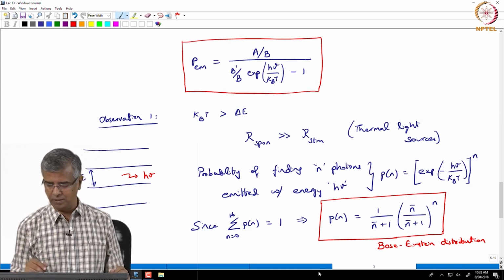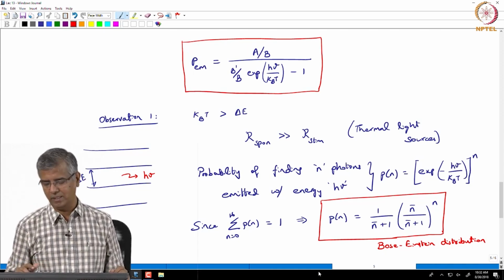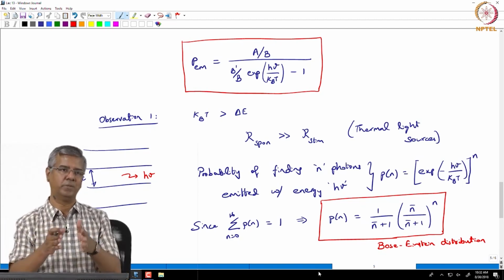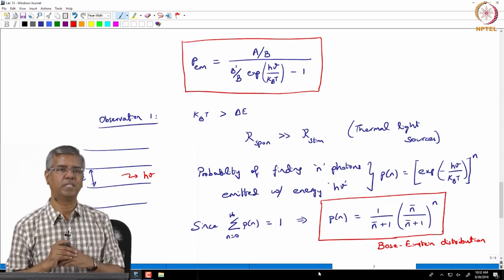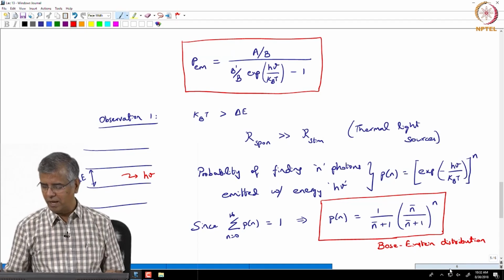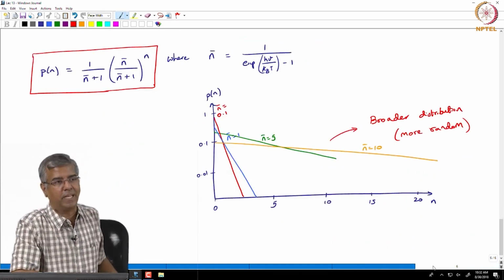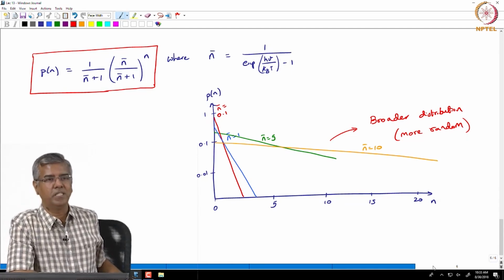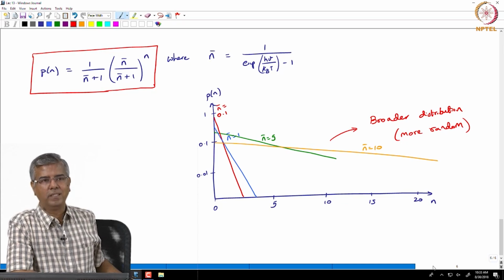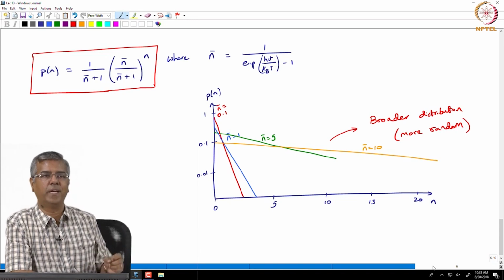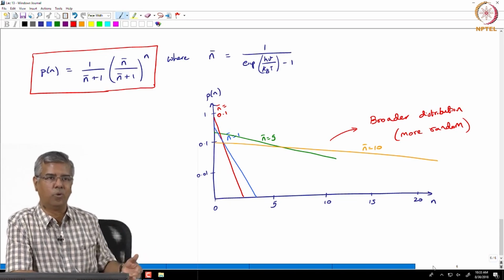The key thing is that we are looking at the number of photons that are emitted simultaneously or within a very small time scale. So the question is, are we implying that most of the time there is nothing emitted? That is not what we are saying. I mean, there is emission happening clearly, but the probability that within a particular time slot you find 0 photons emitted is more.